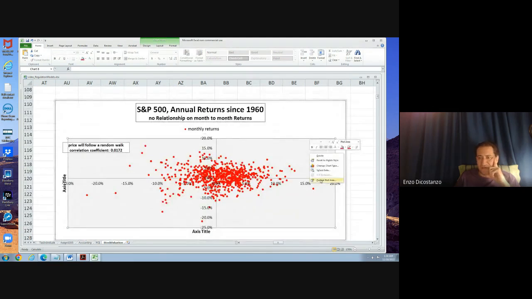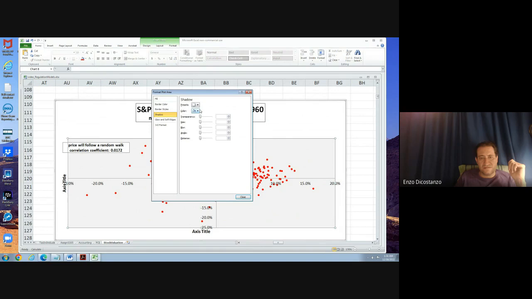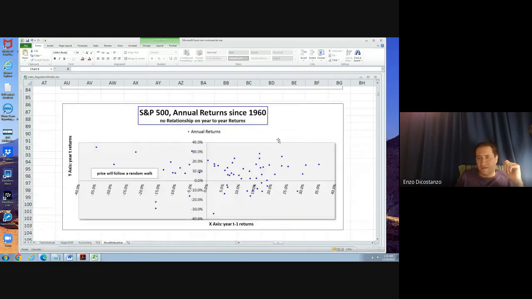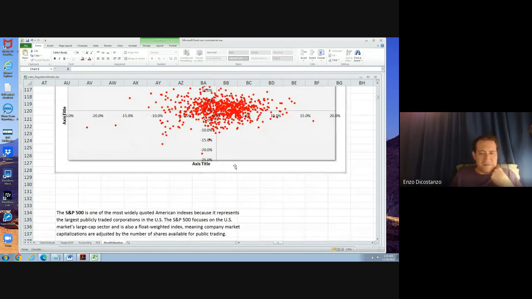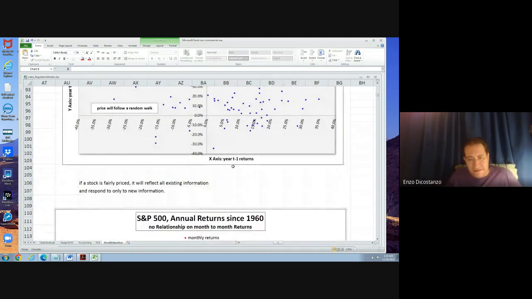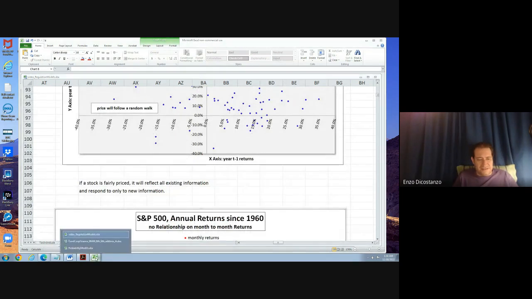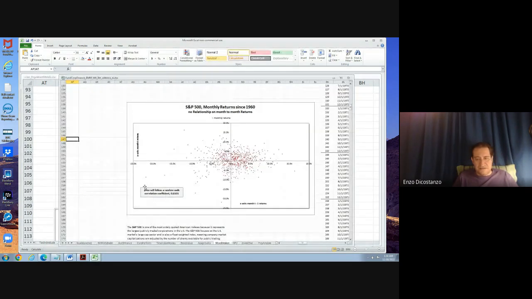Put a shadow in this. You got a shadow in this thing since 60 or whatever it was. Okay. And these are the same axes. So month T1 return.